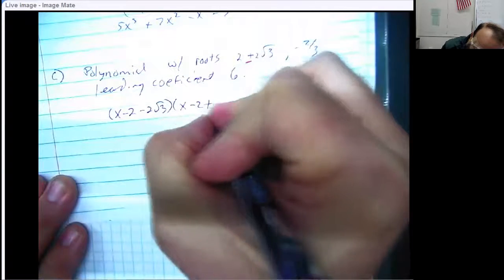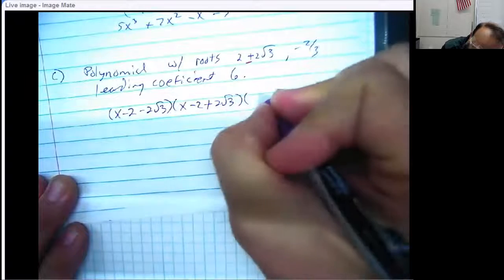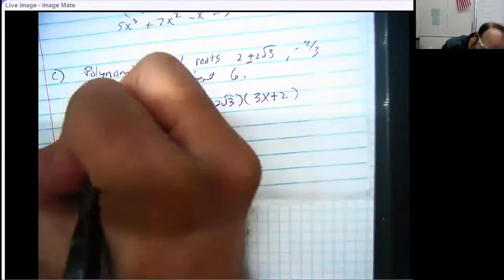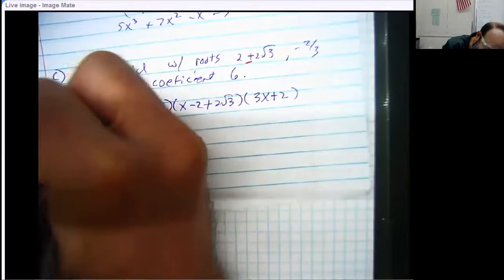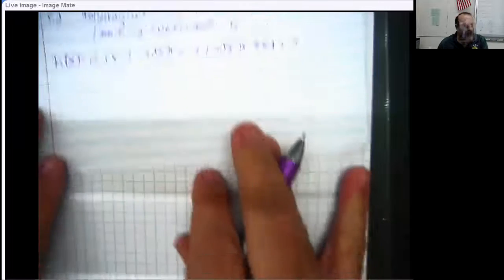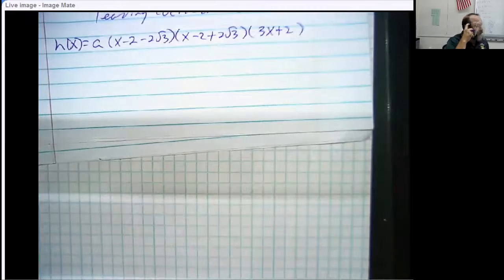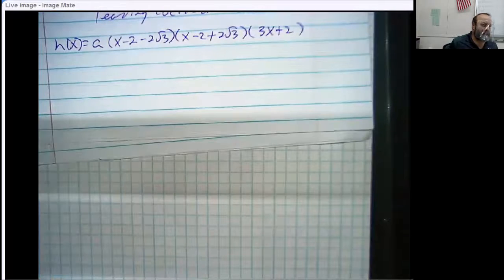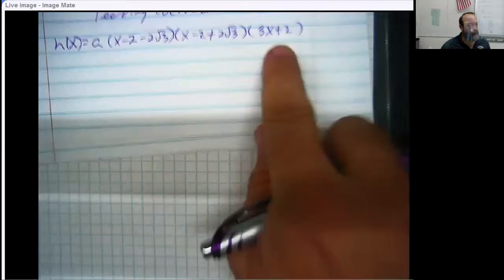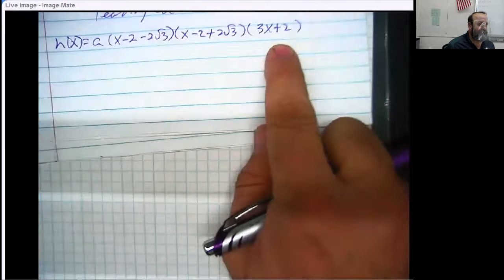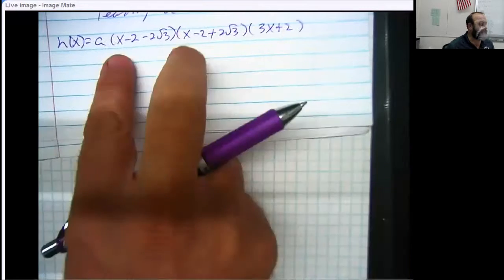So I'm going to have x minus 2 roots of 3, and I'm going to have x minus 2 plus 2 roots of 3, and I'm going to have 3x plus 2, and I'm going to put an a in front. Here's h of x. Now, that is going to look kind of nasty, I understand. So I'm going to ignore this guy right here entirely for a moment because I'm going to tangle with the big boss right here.